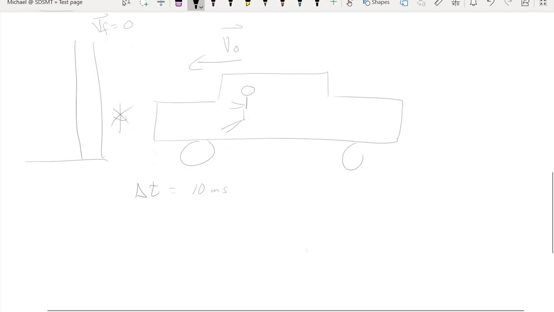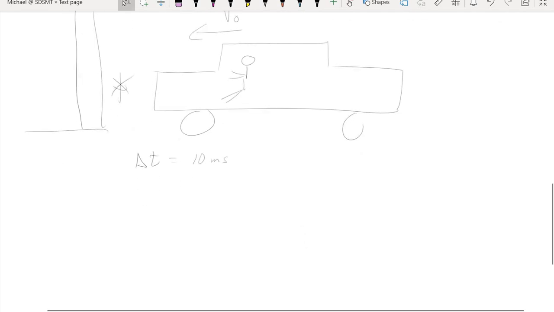And 60 miles an hour, if we convert that to meters per second, let's see if I can do this. There's 1.6 kilometers for every mile. So miles per hour, 1.6 kilometers per mile.